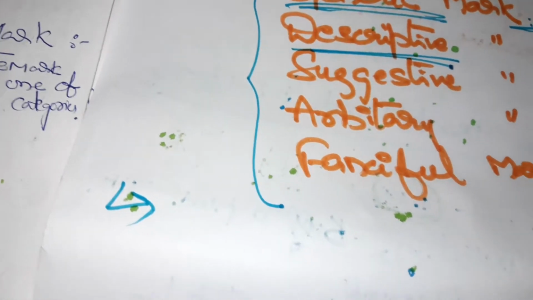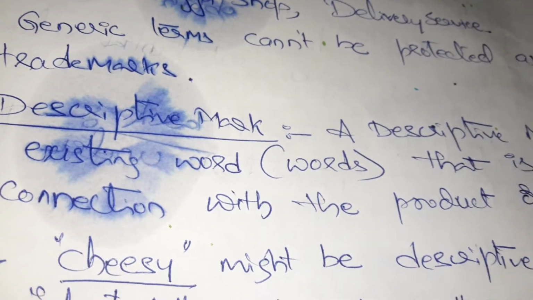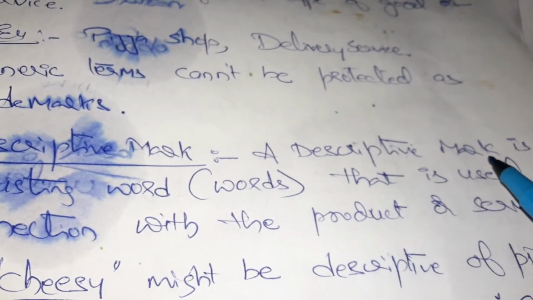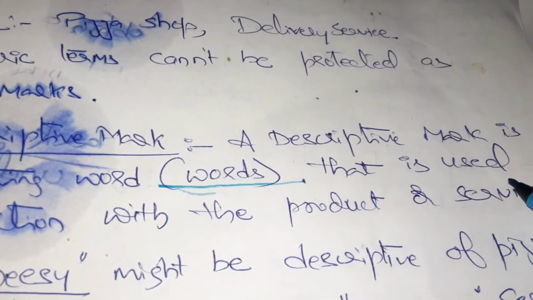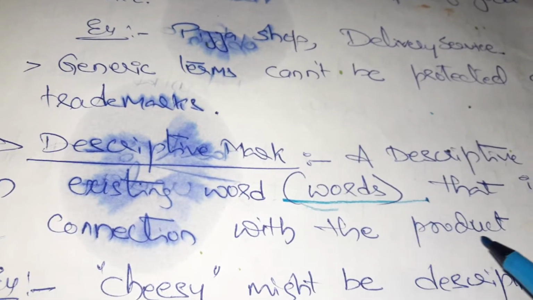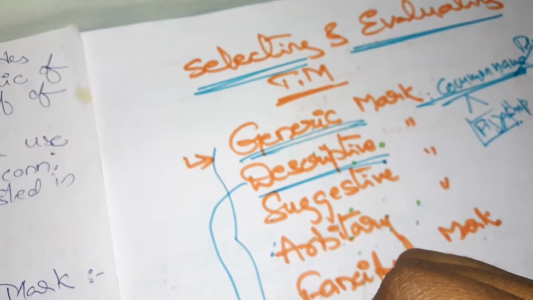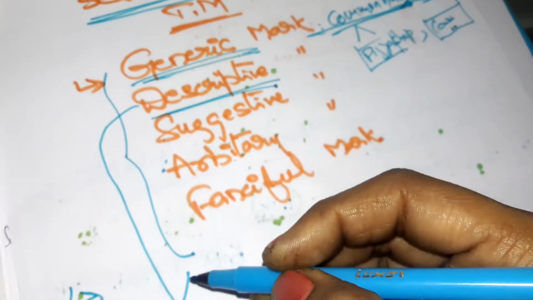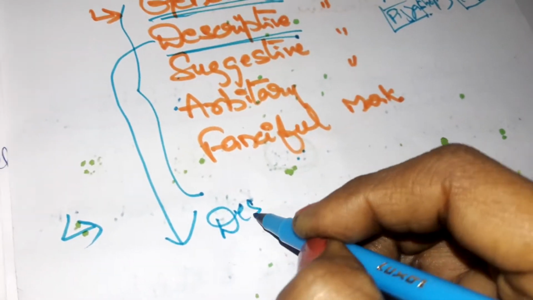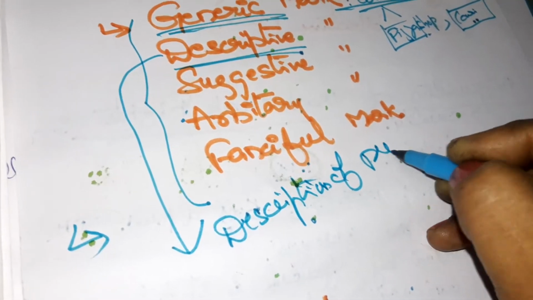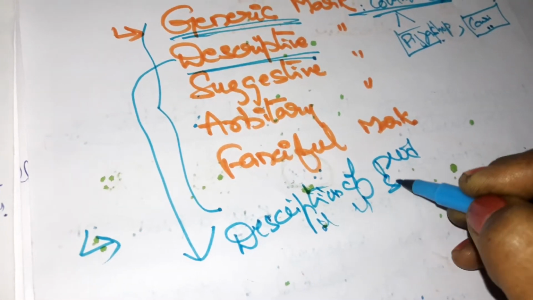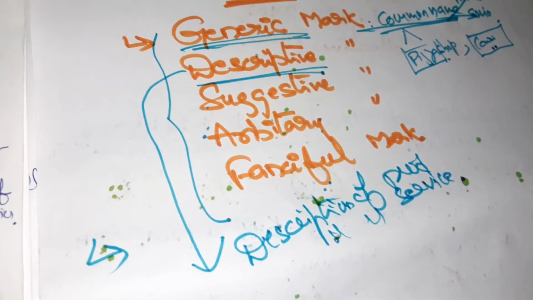Descriptive mark is an existing word or words that is used in connection with a product or service, which is going to give the description of the product, or it may give the description of the service.